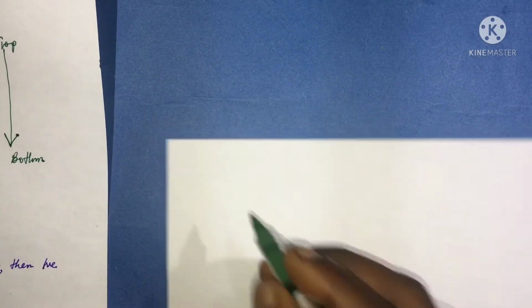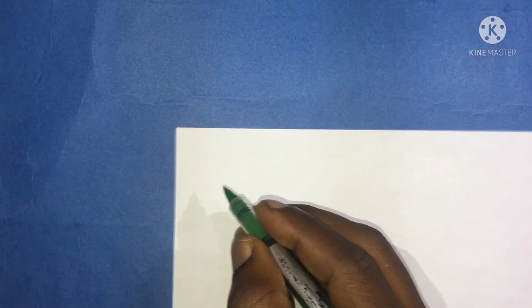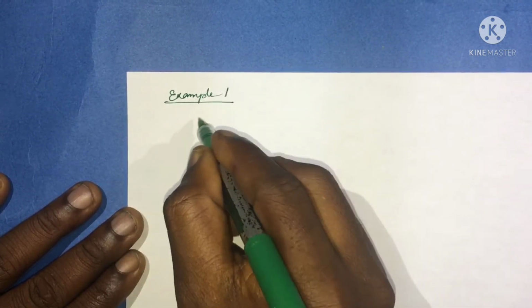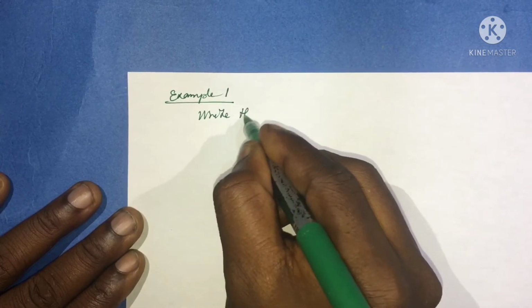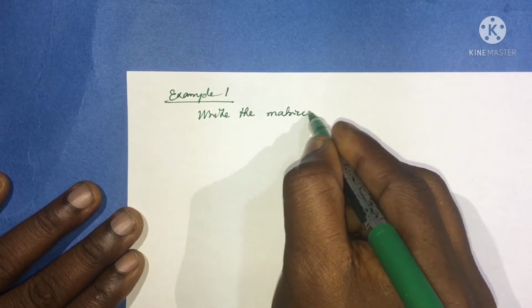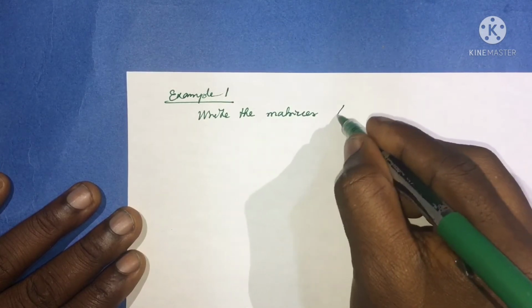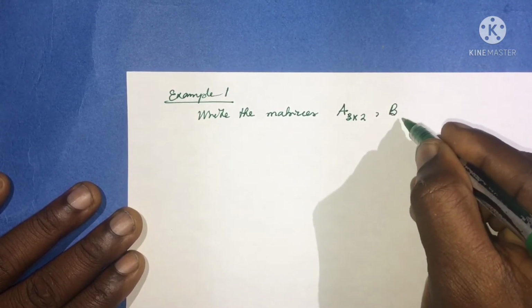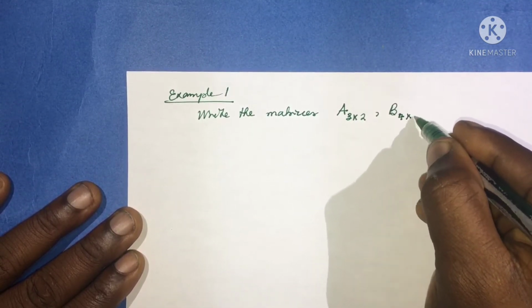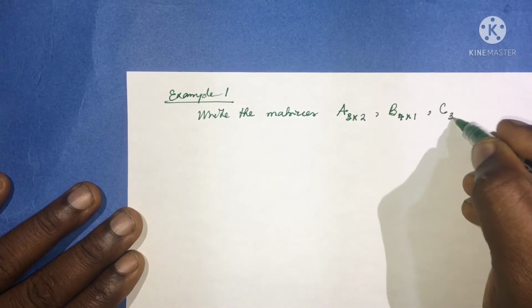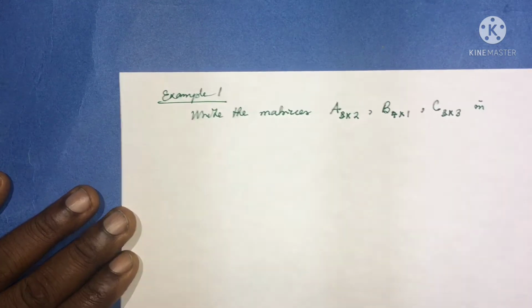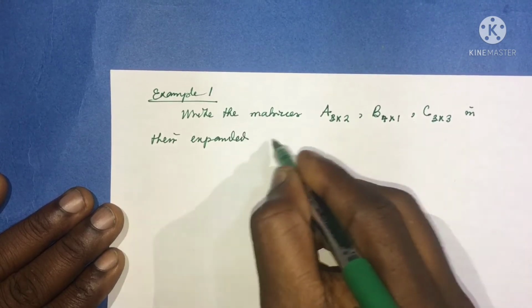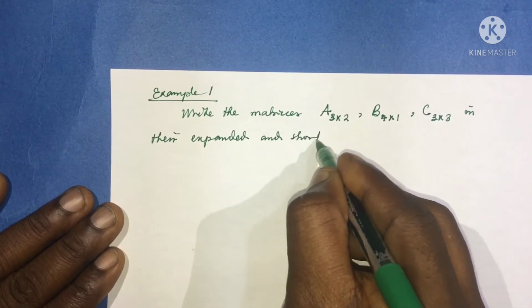As an example, let's call it example 1. Example 1 says: write the matrices A 3 by 2, B 4 by 1, and C 3 by 3 in their expanded and shortened notation.